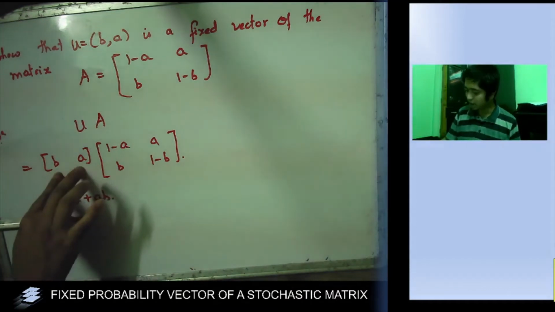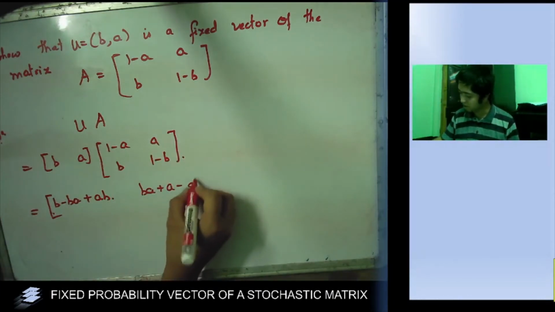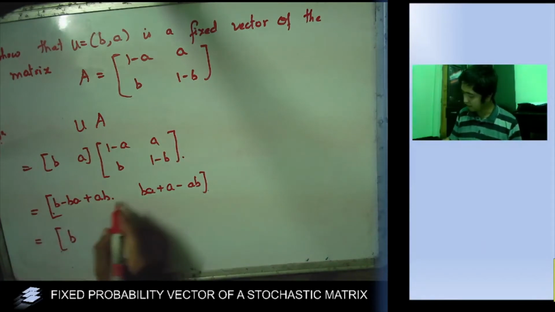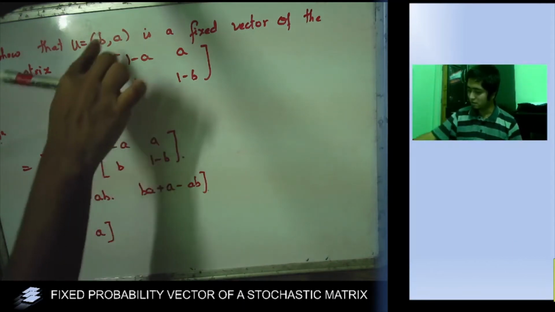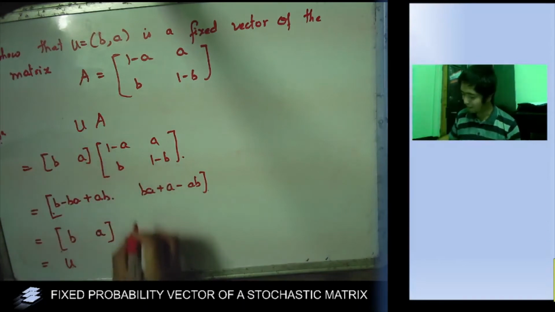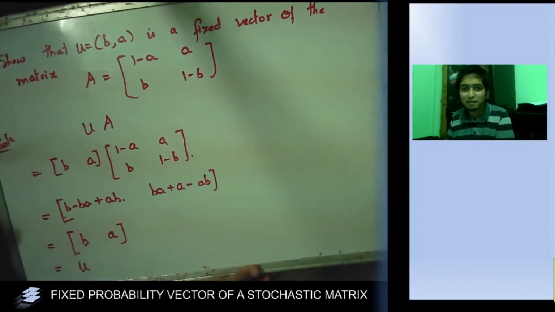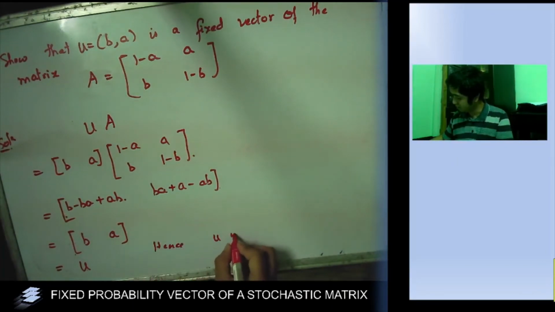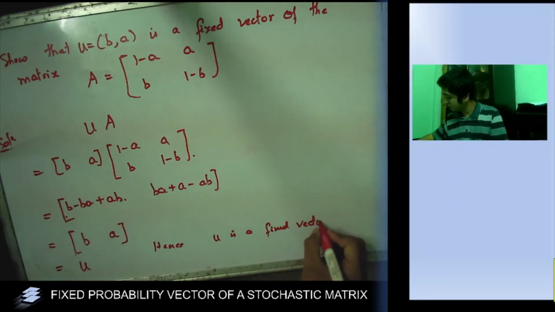And if you multiply this row with the second column, you will get ba plus a minus ab. This you will get b, and over here again you will get a. So you can write it equal to U, since U is (b, a). That is, UA will be equal to U. Hence U is a fixed vector of A.